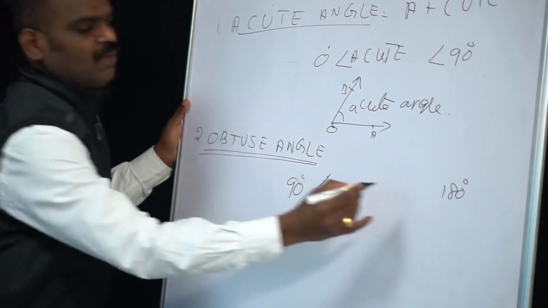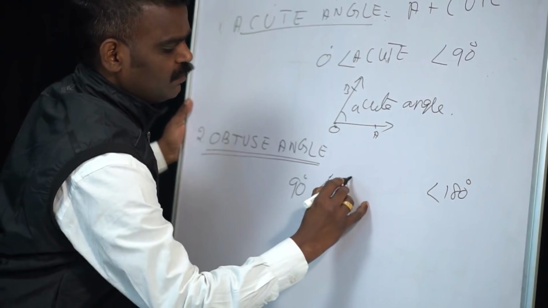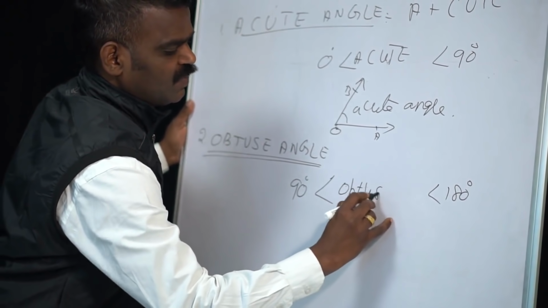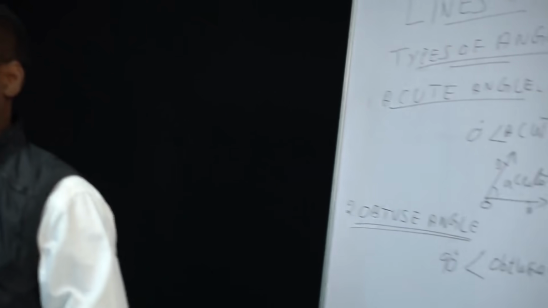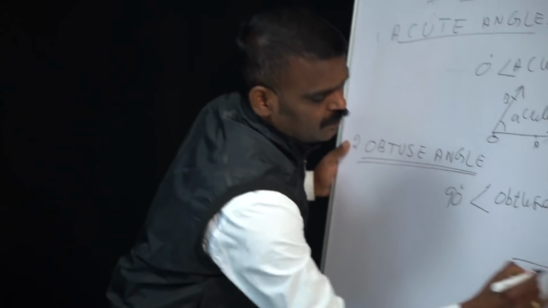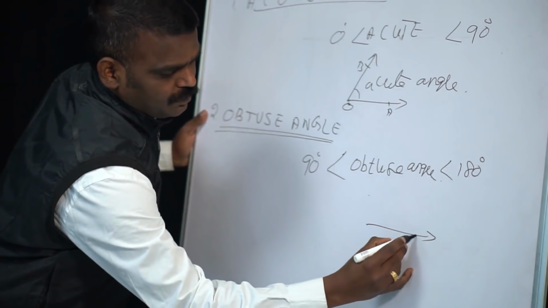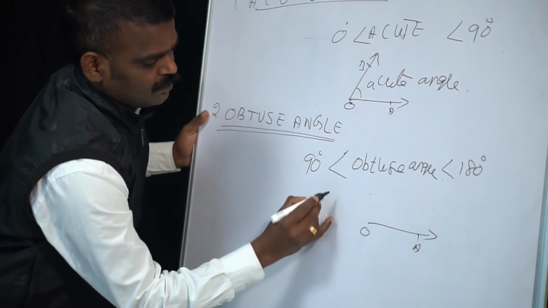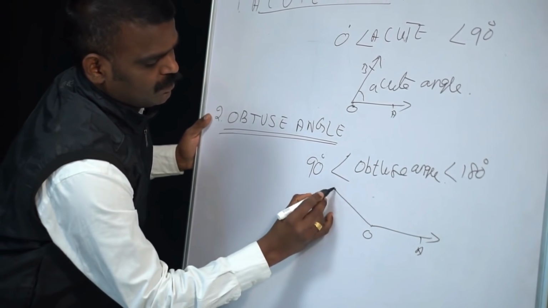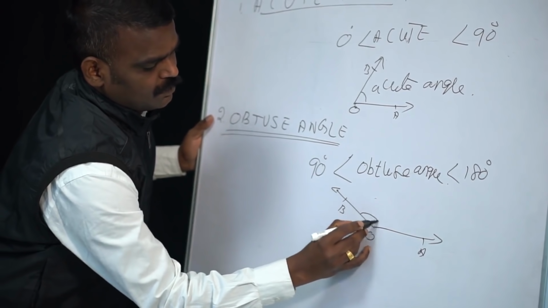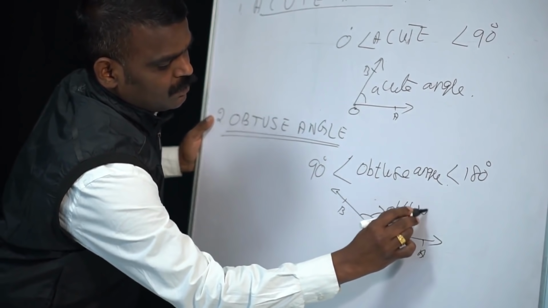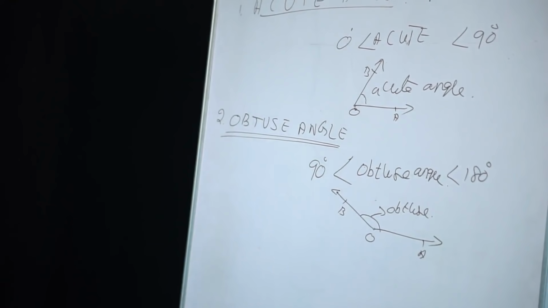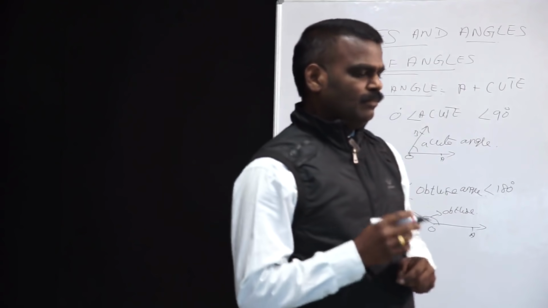So this angle is called what angle? Obtuse angles. Any angle in between. So, what angles? Obtuse angles. Clear? You can draw.